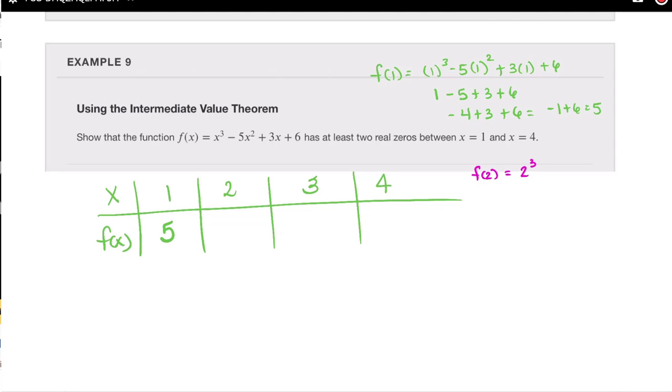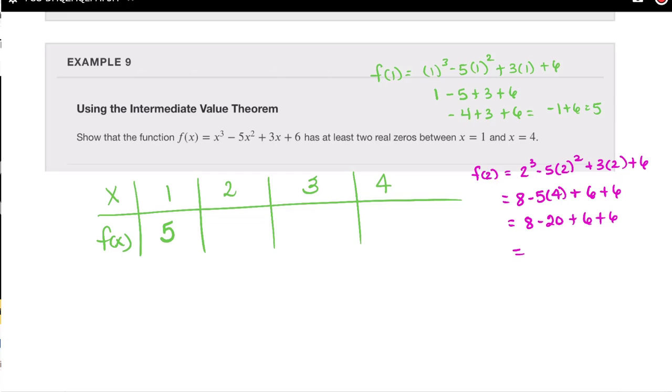Okay. Next, if we plug in 2, so 2 to the third minus 5 times 2 squared plus 3 times 2 plus 6, we get 8 minus 5 times 4 plus 6 plus 6. So we get 8 minus 20 plus 6 plus 6.